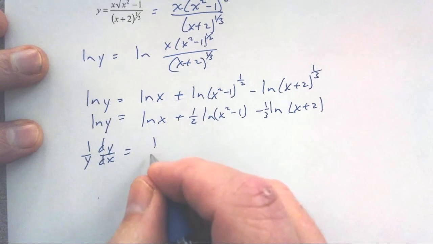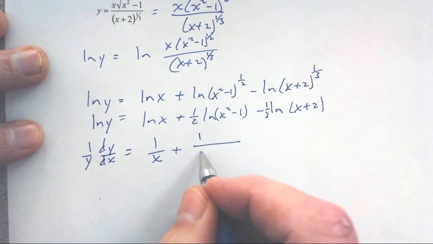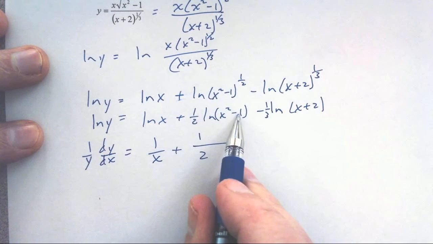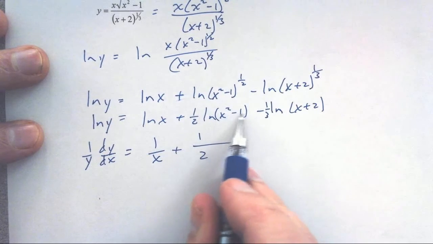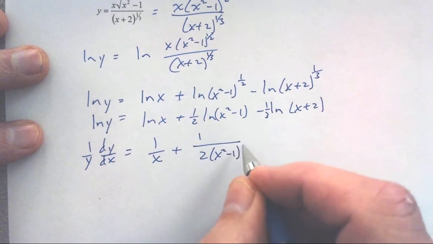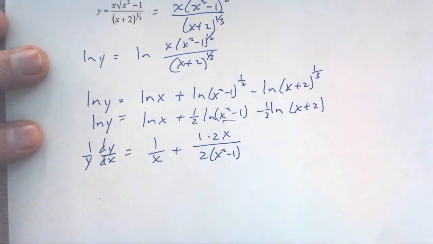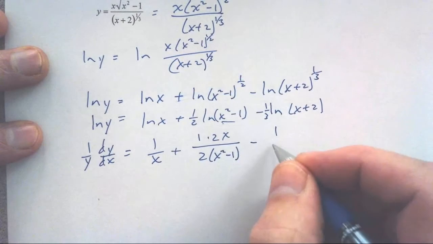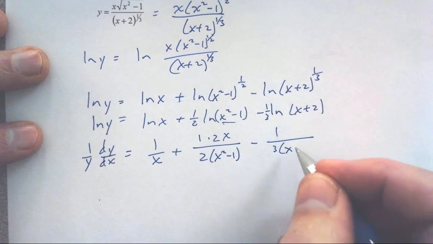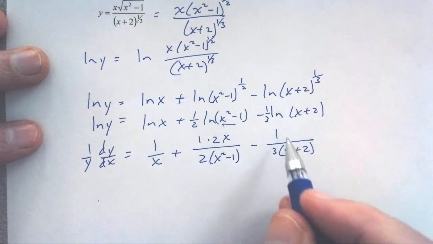Derivative of ln x, 1 on x, plus 1 on 2. Derivative of ln of (x squared minus 1) is 1 on (x squared minus 1) times the inside derivative, 2x. Minus 1 on 3. Derivative of ln (x plus 2) is 1 on (x plus 2) times the derivative of x plus 2, but that's just 1.